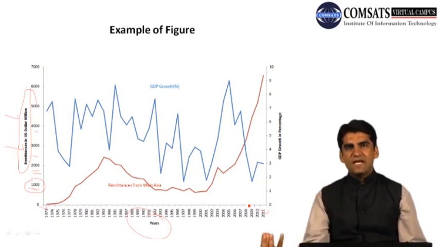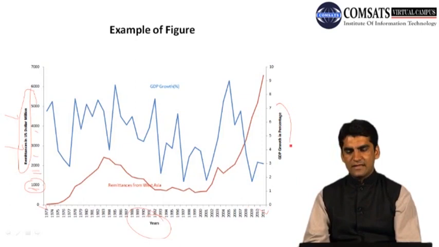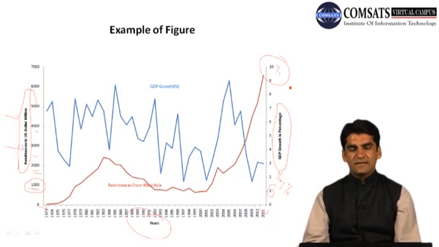But if you see, we have another unit of measurement on our right side, that is GDP growth of Pakistan in percentage. We have not written Pakistan, but because we are doing it for Pakistan, we have just mentioned GDP growth in percentage. So 1 is equal to 1%, 2 is equal to 2%, and of course so on, 10 is equal to 10%.